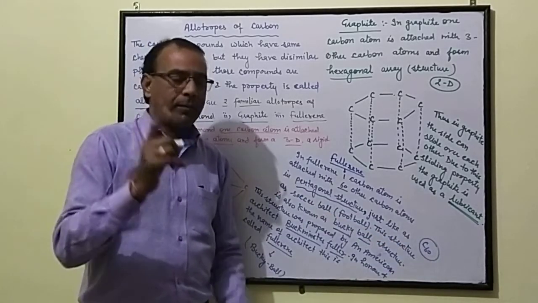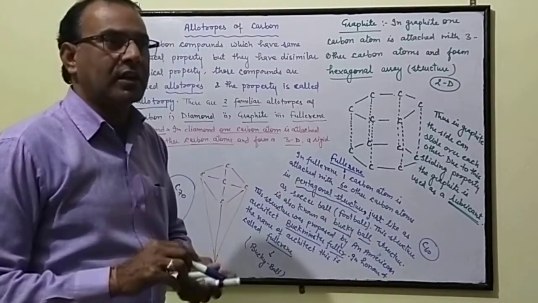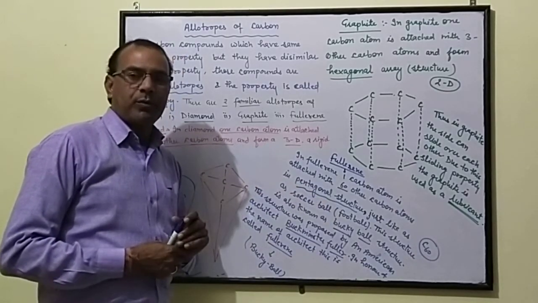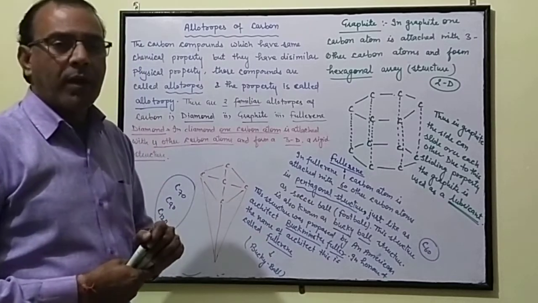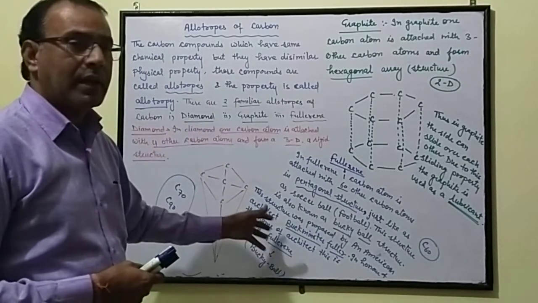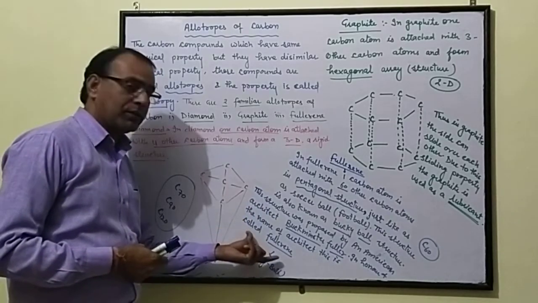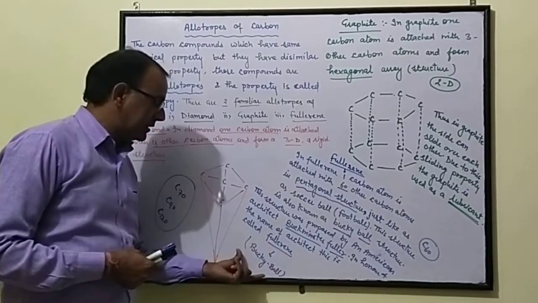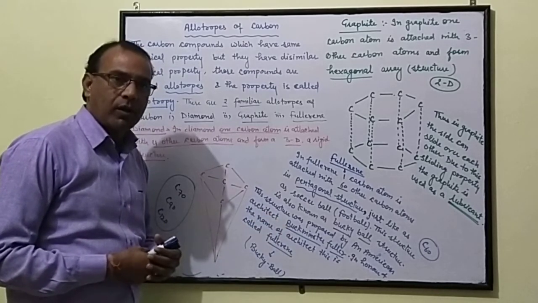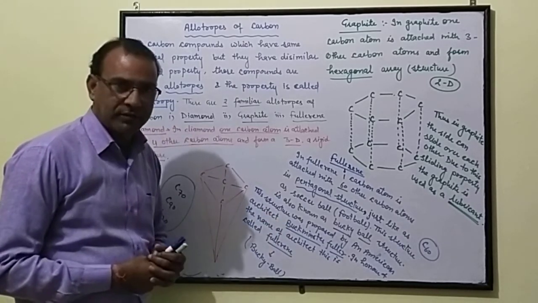It means one carbon atom is attached with 60 other carbon atoms in a pentagonal structure, and this structure was proposed by an American architect, Buckminster Fuller. In honor of the architect, it is known as Buckminster fullerene, as well as buckyball. Its structure resembles a soccer ball, or a football-like structure. Clear?